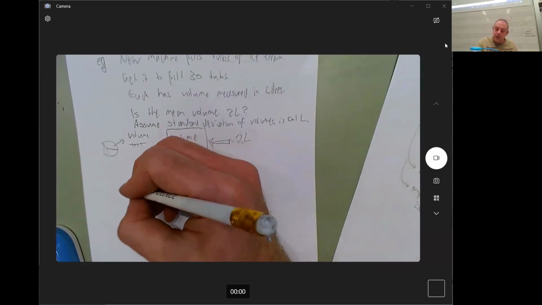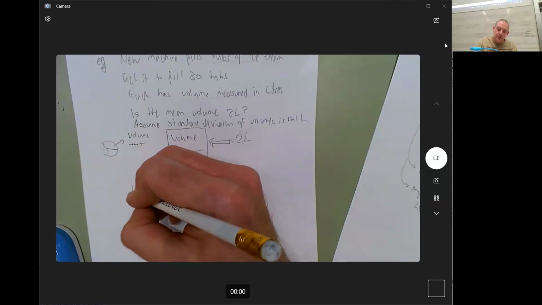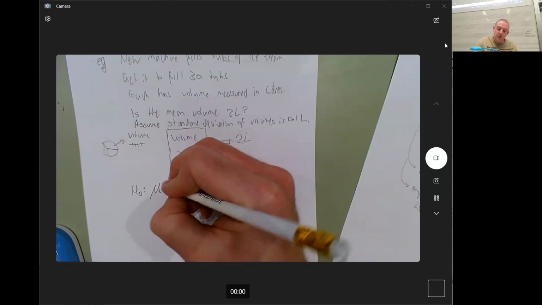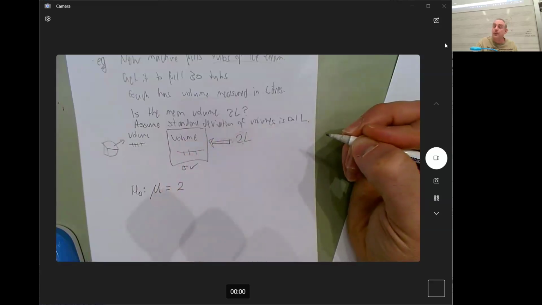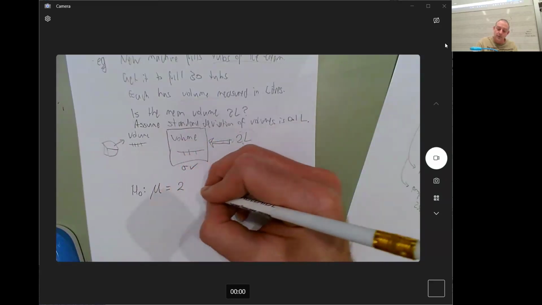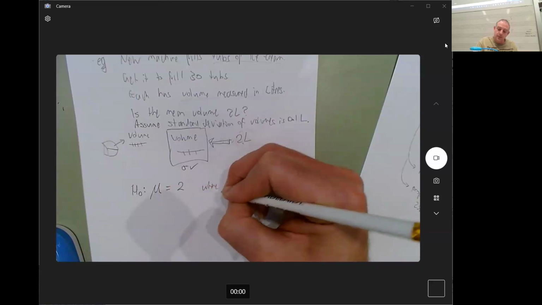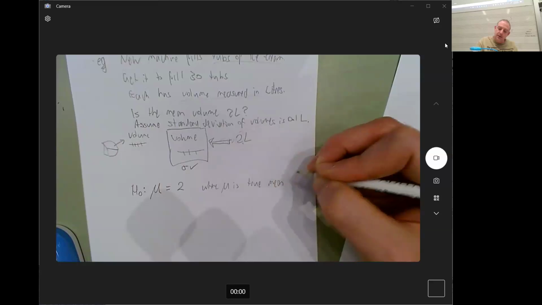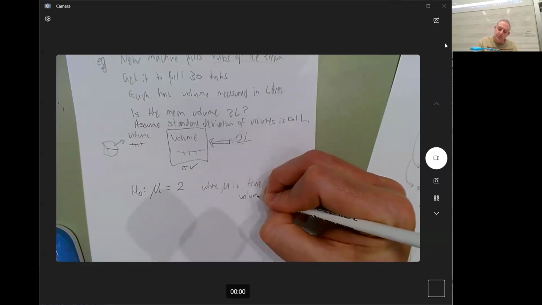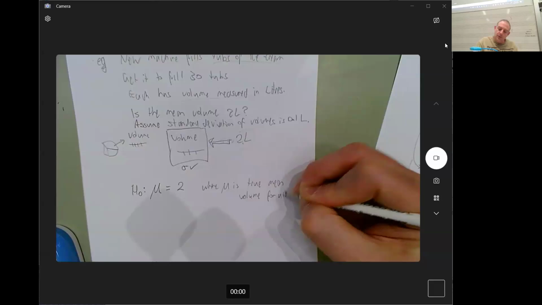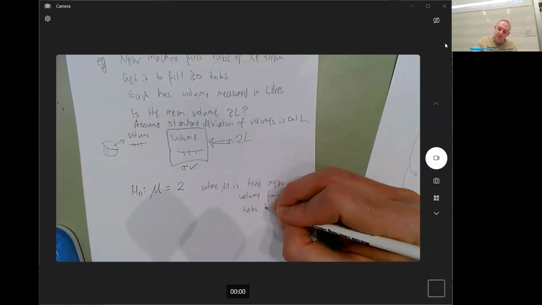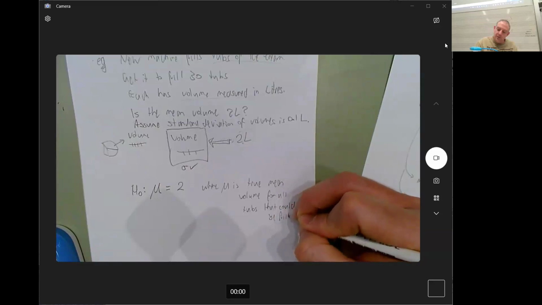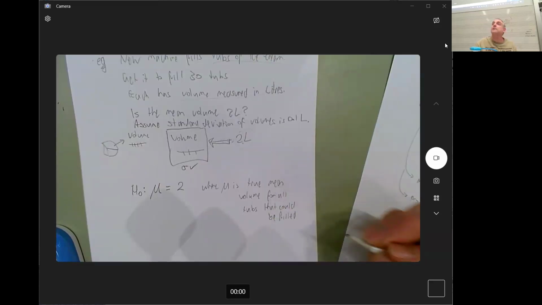And so the null hypothesis is that the mean is 2, where mu is the true mean volume for all tubs that could be filled. Something like that.